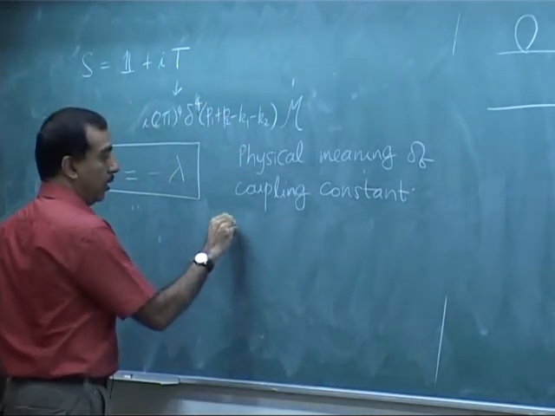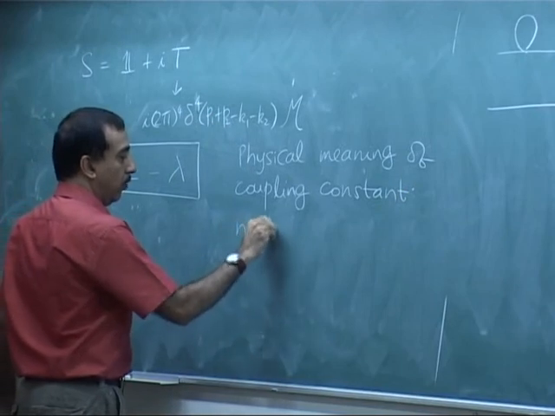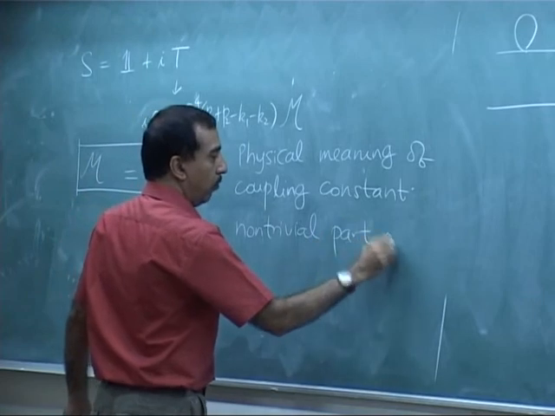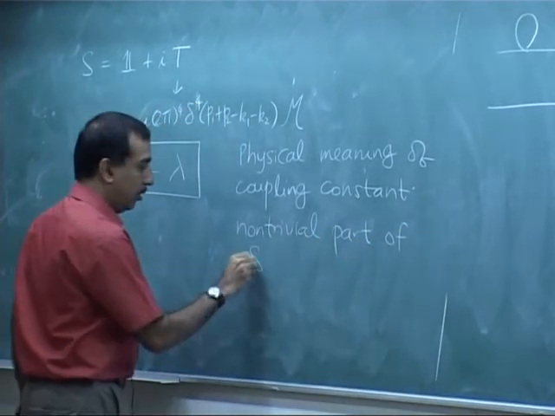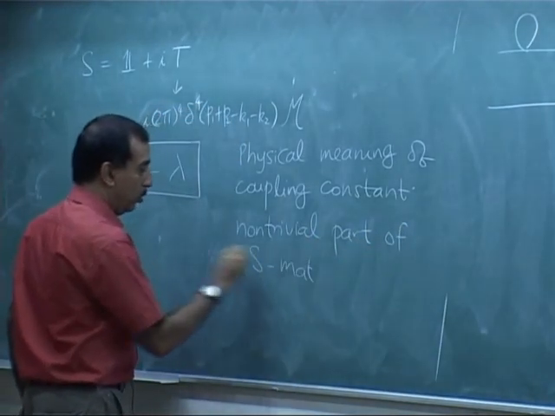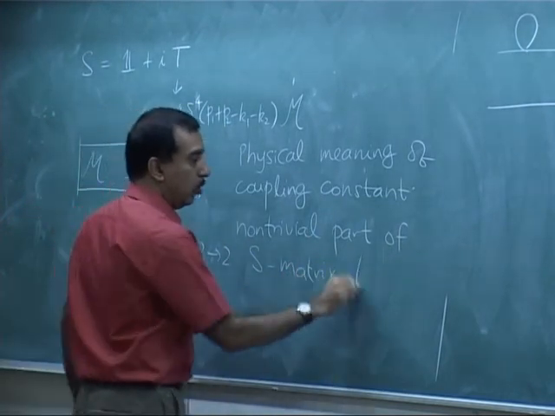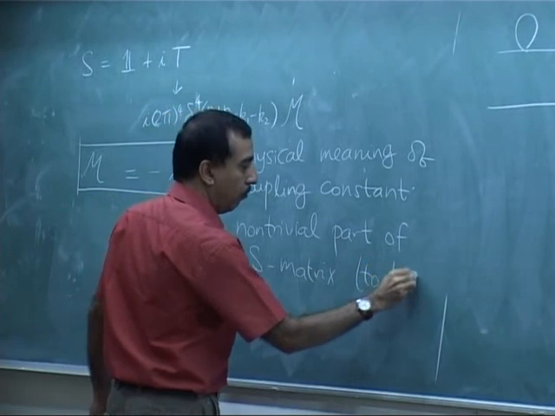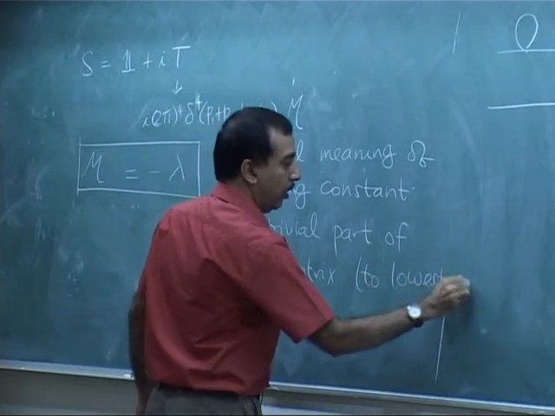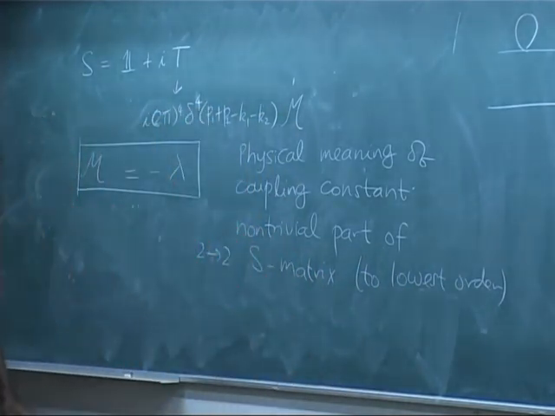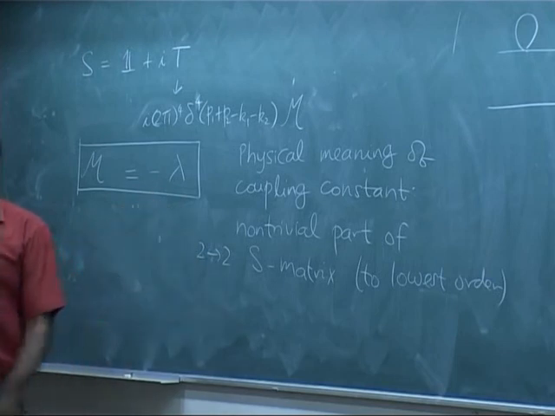It is the non-trivial part of the S matrix, the 2 particle to 2 particle S matrix, to lowest order. And with a minus sign, that's not very important. So the coupling is minus M. But this, for the first time, reveals the physical meaning of the coupling constant.